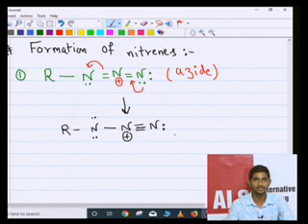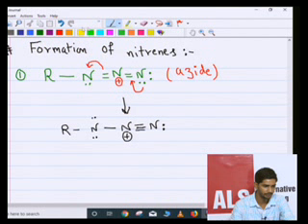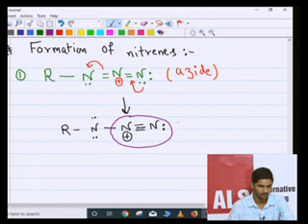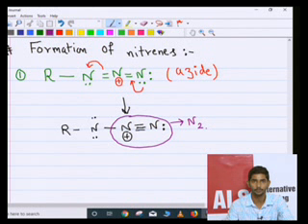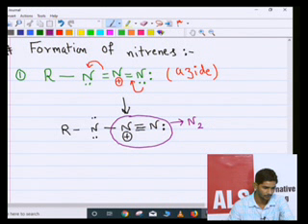And if you look at this compound clearly, you will find out that this is actually N2, which is a very good leaving group. So what would happen in the next step? There will be a negative charge as well.